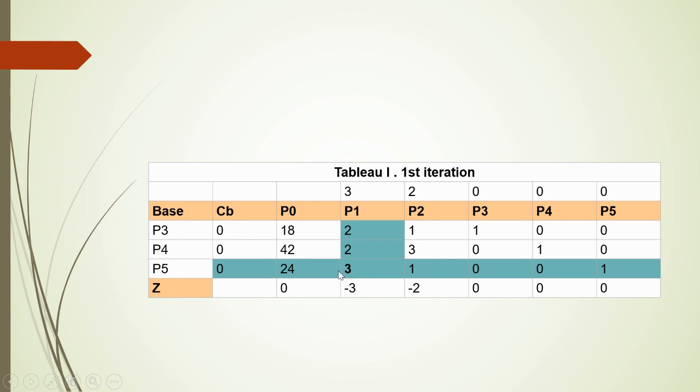So we will get 8 here. In this, 8 is the minimum. So this is the pivot row. So this is the pivot column and this is the pivot row. And the intersection of the pivot row and pivot column is the pivot element. So here 3 is the pivot element.